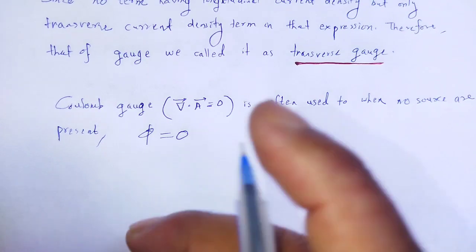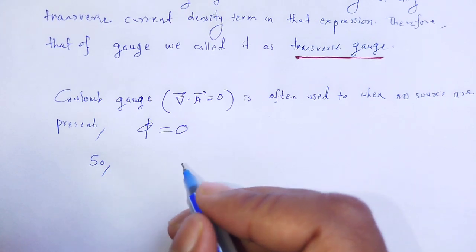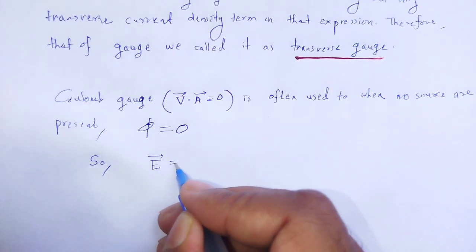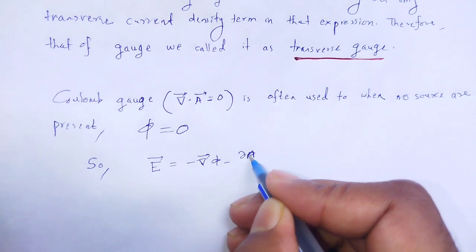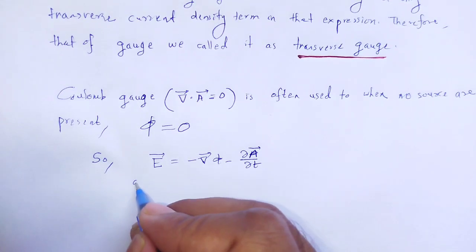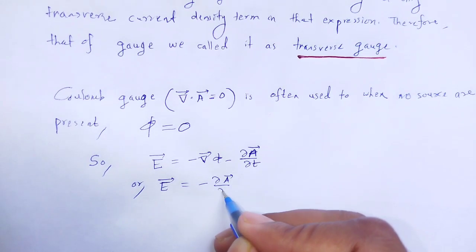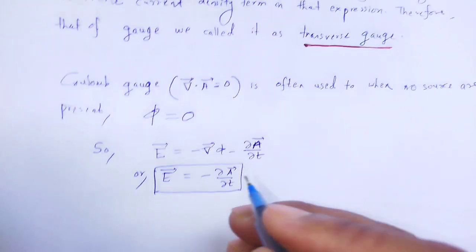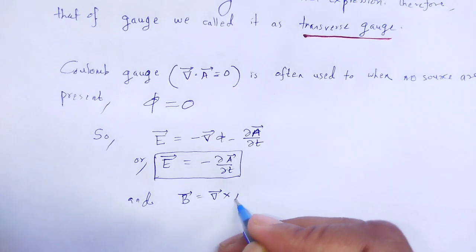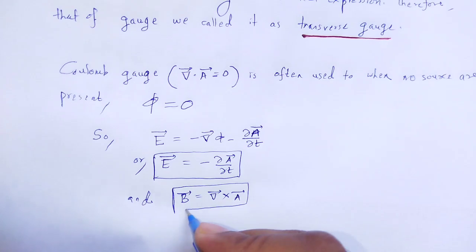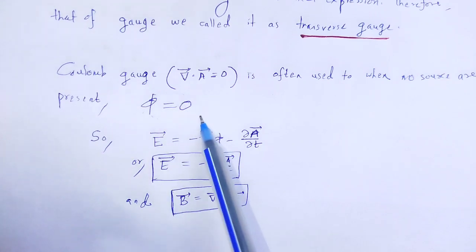When phi is equal to 0, E vector is equal to minus grad phi minus del A vector by del t, so as phi is equal to 0, E is equal to minus del A by del t, and B vector is equal to grad cross A. So by using the Coulomb gauge condition, when no source is present, the scalar potential is 0.